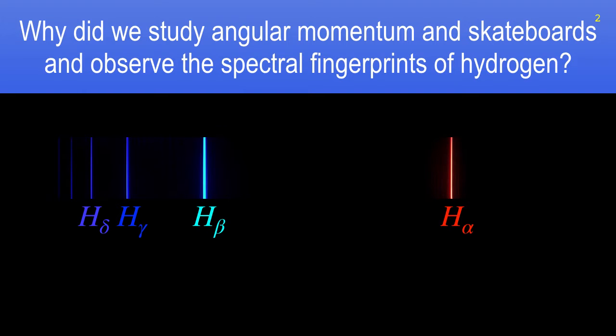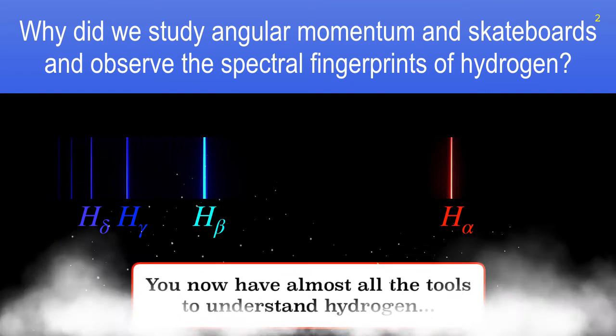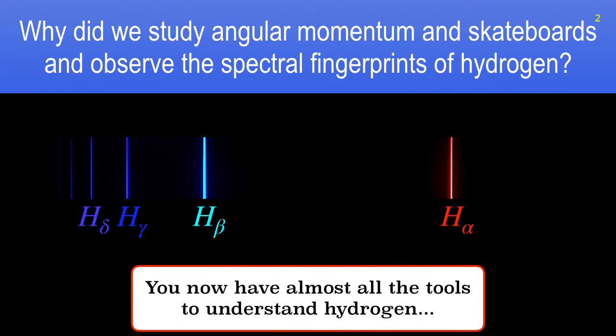The answer is, we wanted to introduce interaction concepts, angular momentum concepts, energy, and all that other stuff, so that we could eventually have tools to study and understand hydrogen. And we almost have all the tools now.